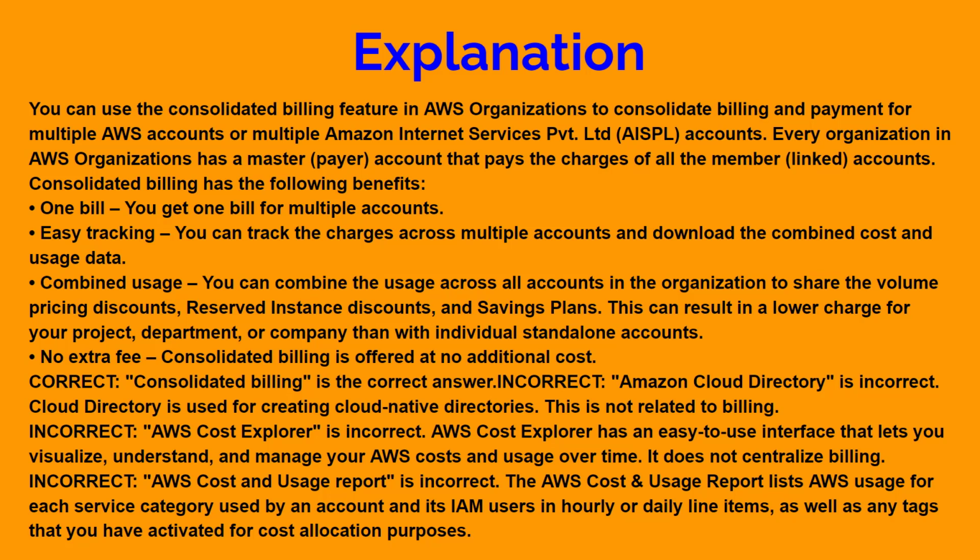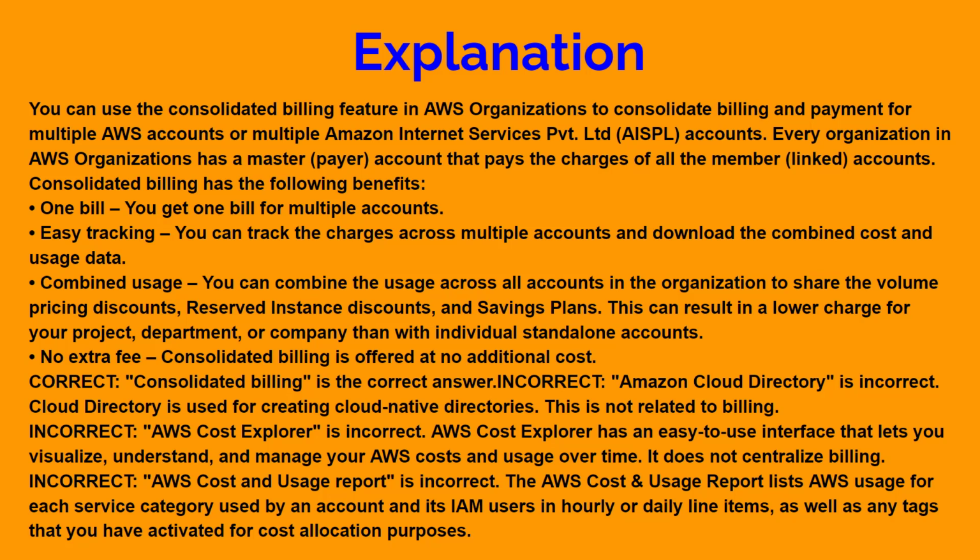Consolidated billing has the following benefits. One bill, you get one bill for multiple accounts. Easy tracking, you can track the charges across multiple accounts and download the combined cost and usage data. Combined usage, you can combine the usage across all accounts in the organization to share the volume pricing discounts, reserved instance discounts, and savings plans.